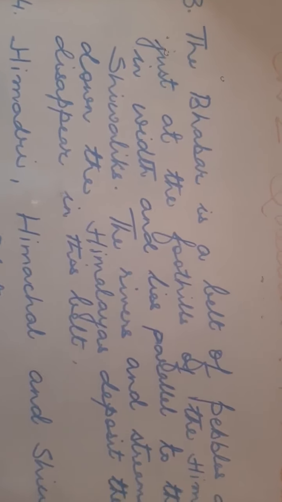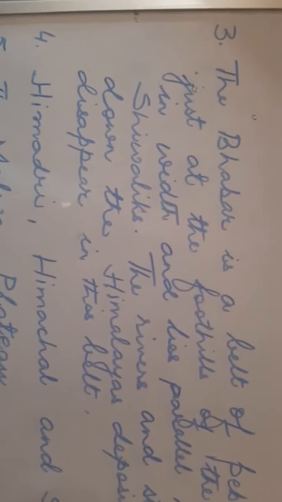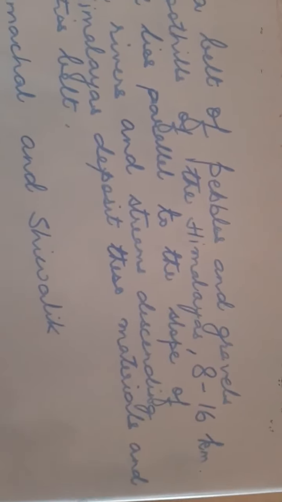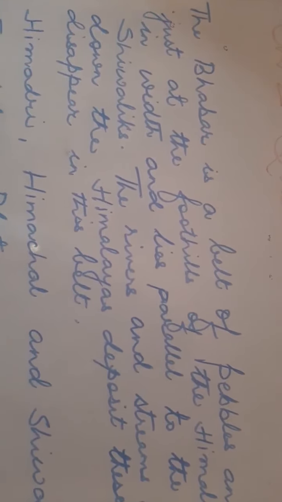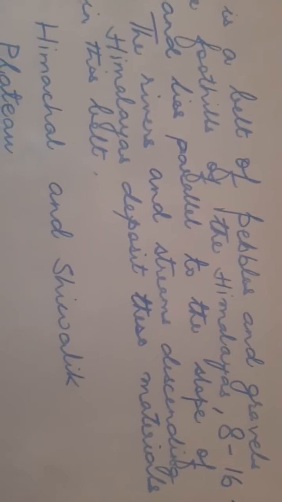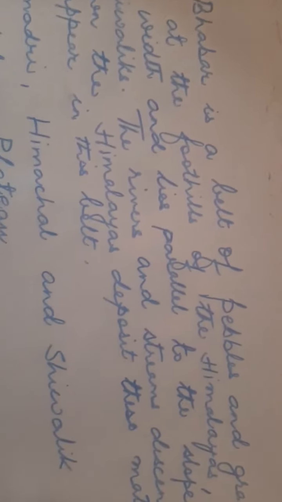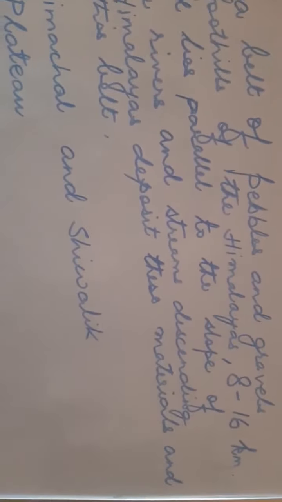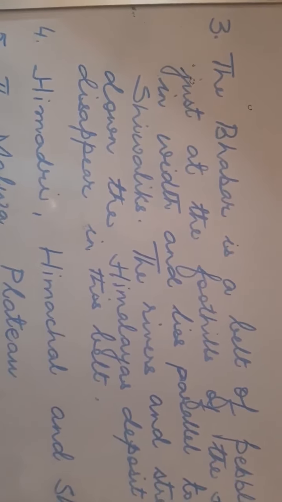The Bhabar is a belt of pebbles and gravels just at the foothills of the Himalayas, 8 to 16 kilometer in width, and lies parallel to the slope of Shivaliks. The rivers and streams descending down the Himalayas deposit these materials and disappear in this belt.